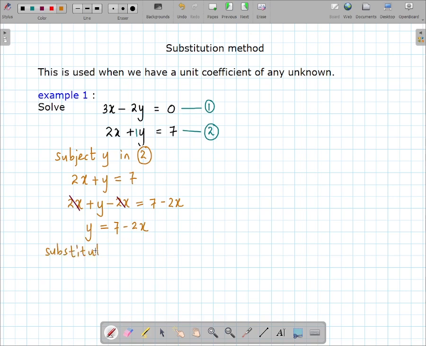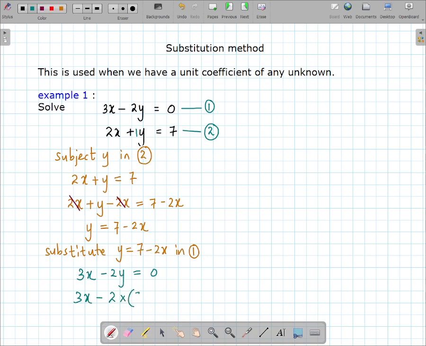Substitute y equals 7 minus 2x in 1. So I write the first equation, that is 3x minus 2y equals 0.